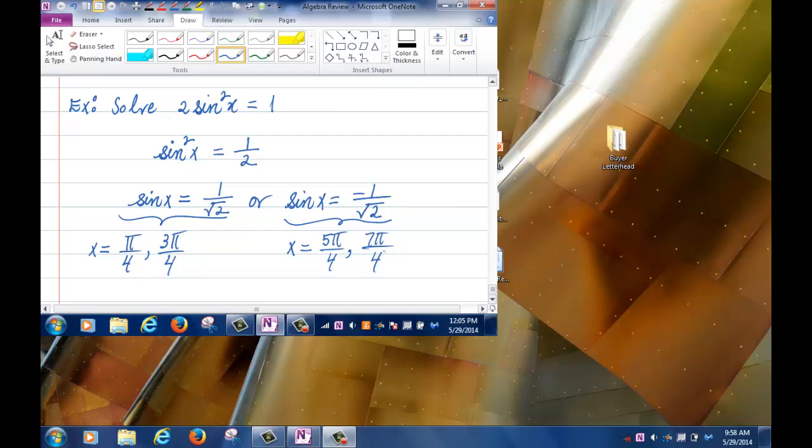Look at the coordinates where the second coordinate is negative root 2 over 2. So find out the points where the second coordinate is negative root 2 over 2. There should be 2 points, 5 pi over 4 and 7 pi over 4, right? Those are the angles for which the second coordinates are negative root 2 over 2. So those are the angles where sine is negative root 2 over 2.